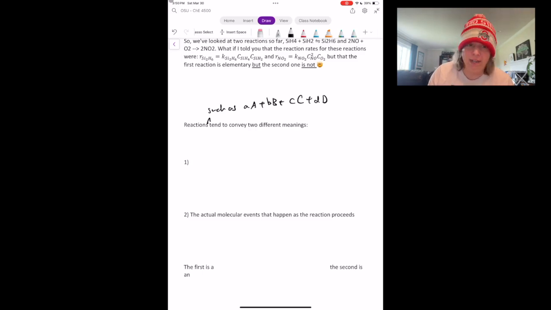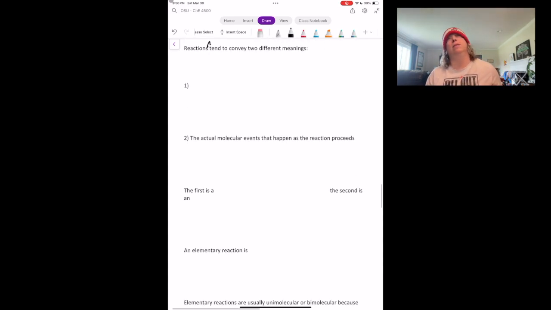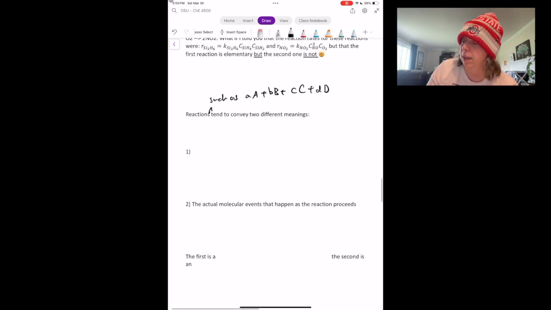These tend to convey 2 different meanings. The first meaning is probably the one that we're familiar with. That's the change in the relative amounts of species that is observed when a reaction proceeds. So in this particular reaction, what that is saying is that a molecules of A are going to react with b molecules of B to form c molecules of C and d molecules of D.